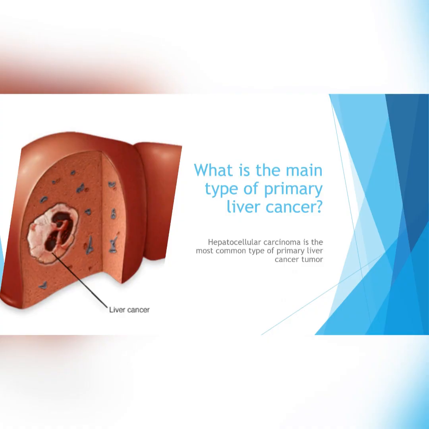What is the main type of primary liver cancer? The most common type of primary liver cancer is hepatocellular carcinoma.